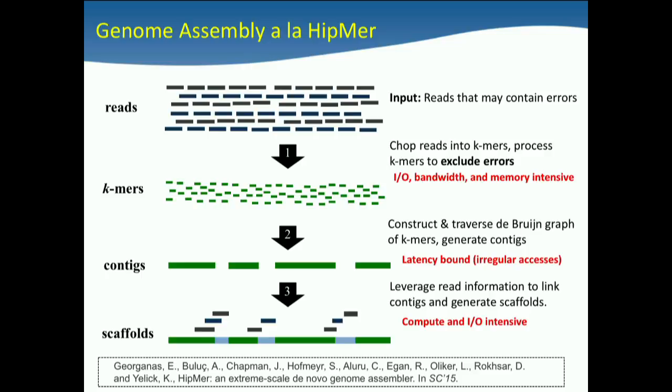And why is that? Because think about a read of 100 base pairs, and your k is 51. So how many k-mers will you generate from that, if you think about it? This is a sliding window. So the read length minus k, plus 1, I think, is how many you will need to generate.